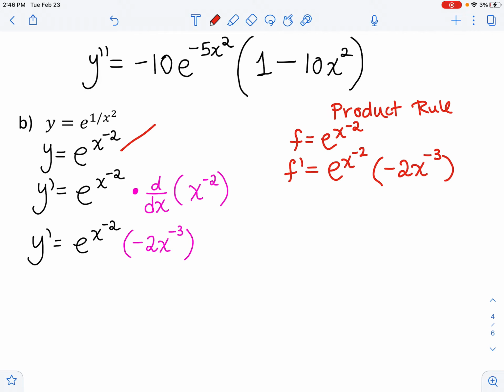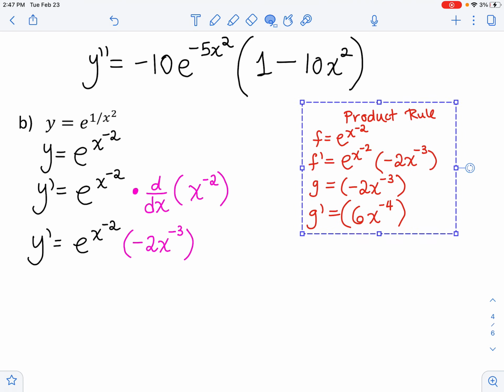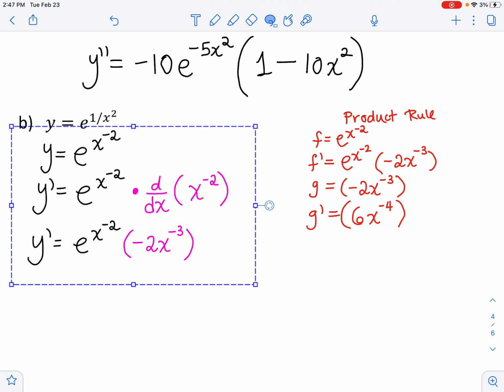And now g is the pink one, negative 2x to the negative third, and I need to find the derivative of that. If I use the power rule here, I will multiply negative 3 times negative 2. That's going to give me positive 6x to the, and the new exponent is now negative 4. So I got all my product rule pieces labeled. I am ready to plug into the big product rule formula.